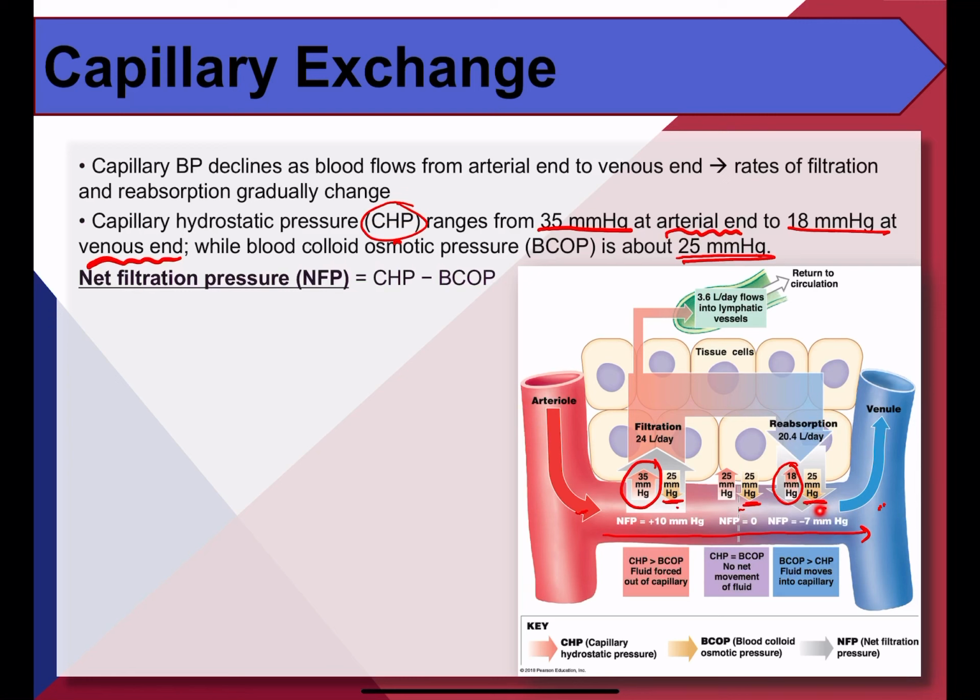Osmosis is the movement of water, and it will always move to an area where there is a higher concentration. Because there are all these plasma proteins floating around within the blood, there is an osmotic flow from the outside to the inside with a value of 25 mmHg.